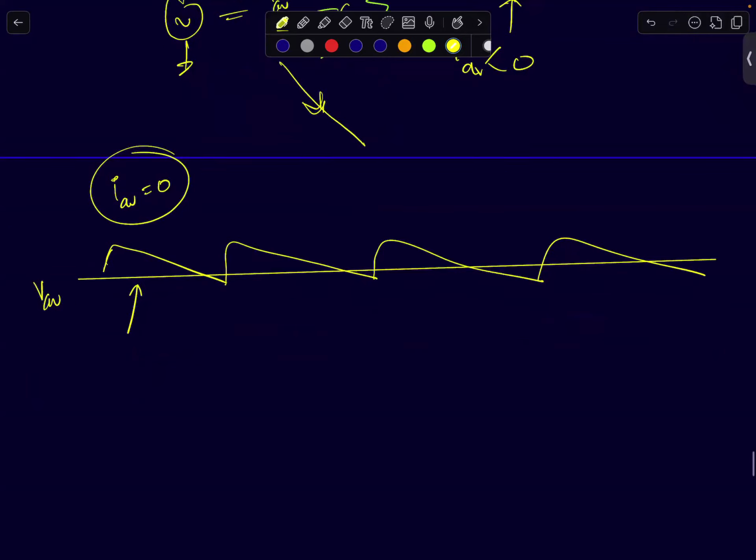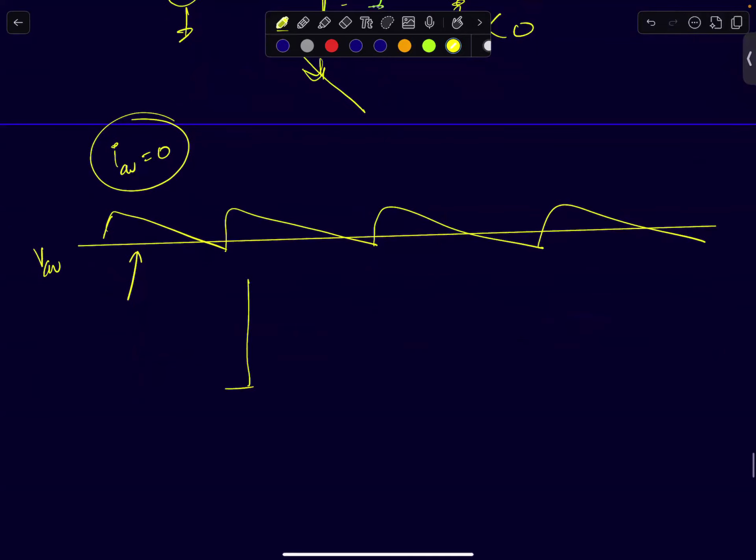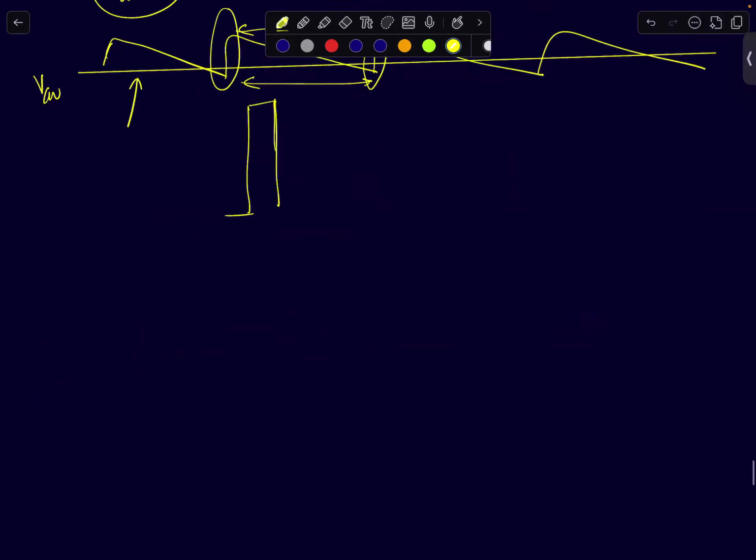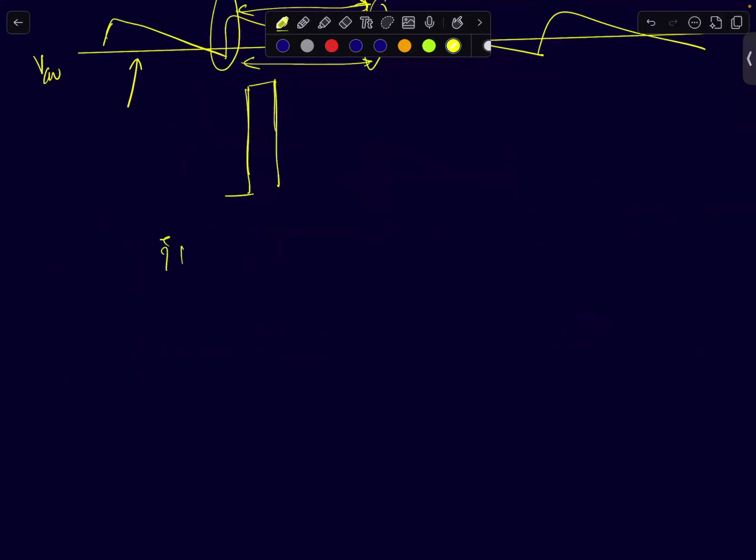What does that mean? Whatever charge the capacitor has gained in that short duration, it will lose in this duration. Or otherwise, whatever charge the capacitor has lost due to the resistor, it will quickly gain back in a very short duration. How are charge and current related? Rate of change of charge is current.